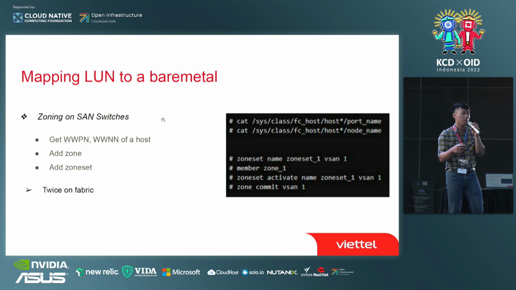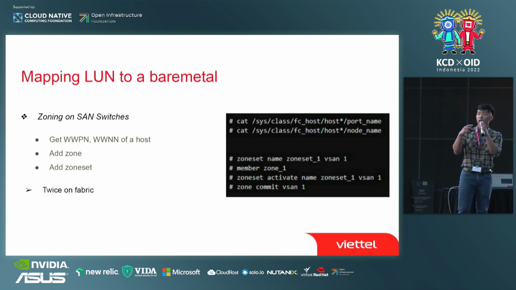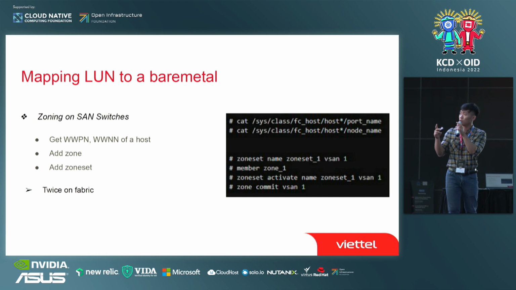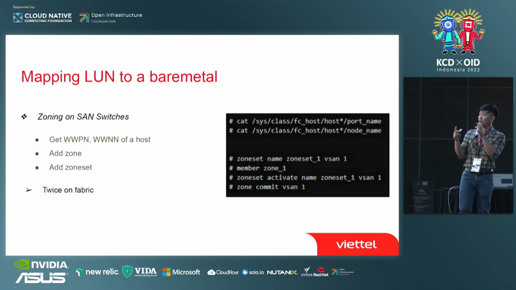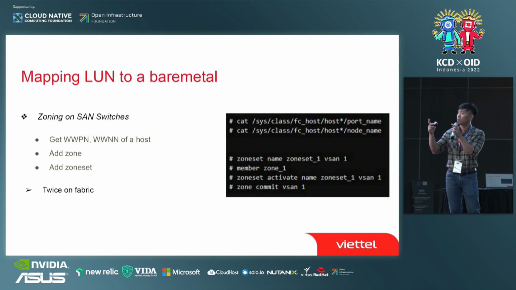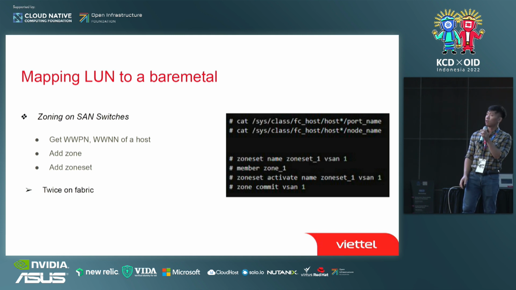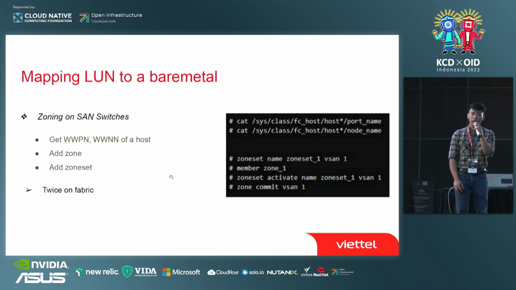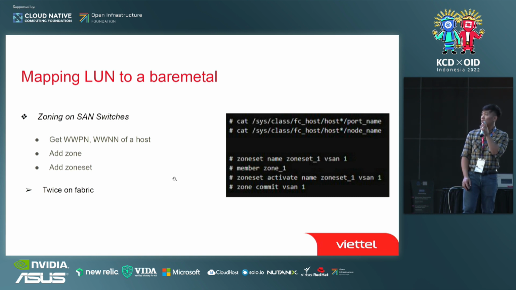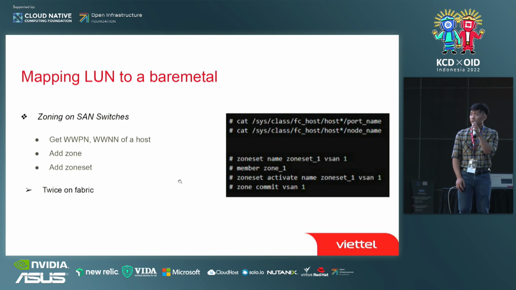To be more specific about the hard work we have faced before: trying to map a LUN to a bare metal. We have to do a lot of steps. First, we have to zone on the SAN switch. We have to get the worldwide name of the bare metal, log in to the SAN switch and type commands like adding a zone set, and we have to do it twice on the fabric mode.